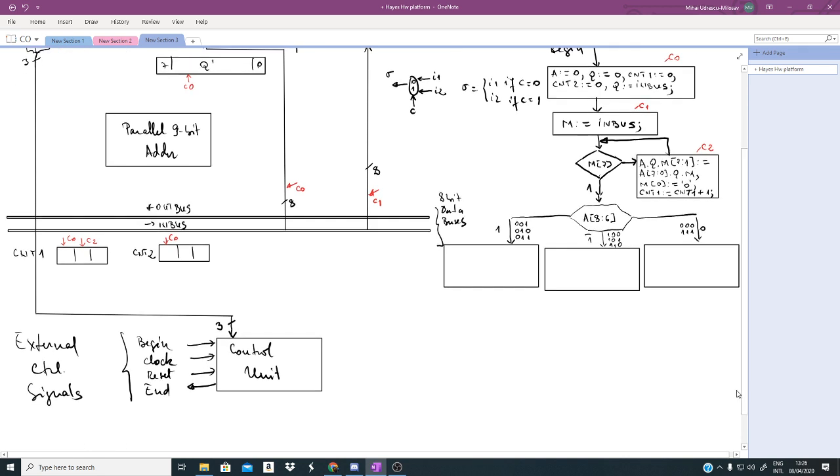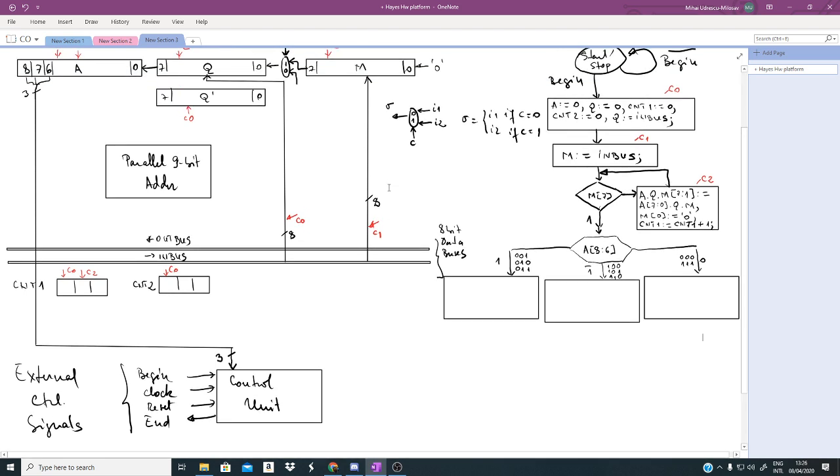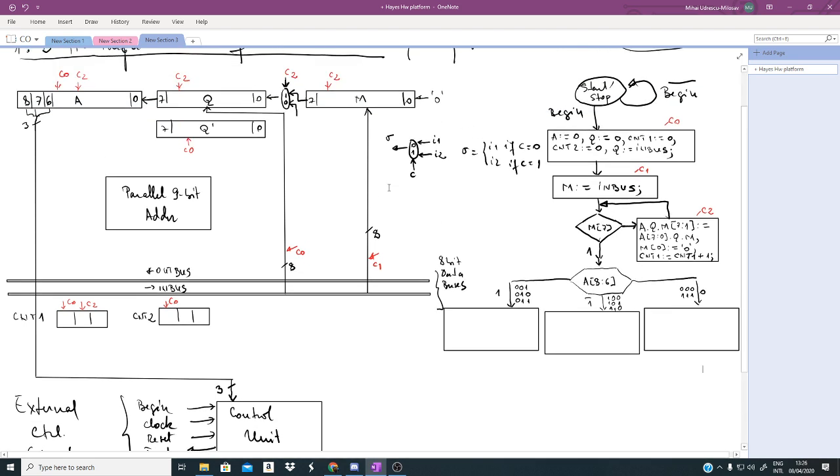Good. So what will happen here? Well, we shift through registers A concatenated with Q, right? We also shift Q prime.